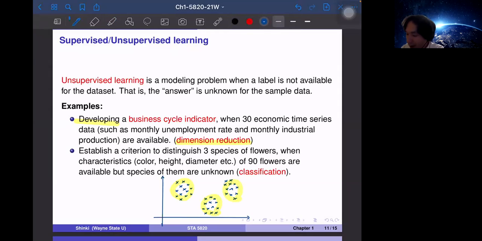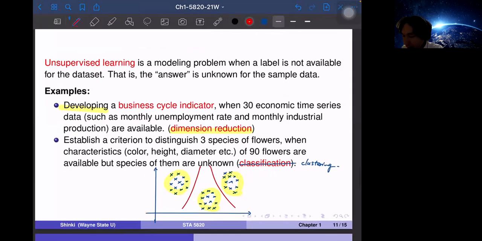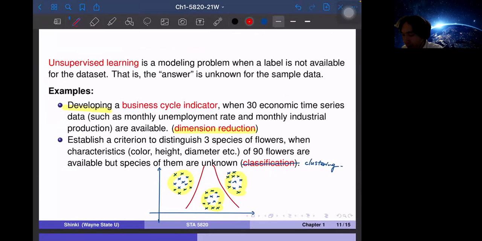Maybe we don't really say classification, but clustering. Clustering problem. Even if we don't know the labels, we can see that these 3 groups are different, right? So in this case, it makes sense to classify the observations into the 3 species.